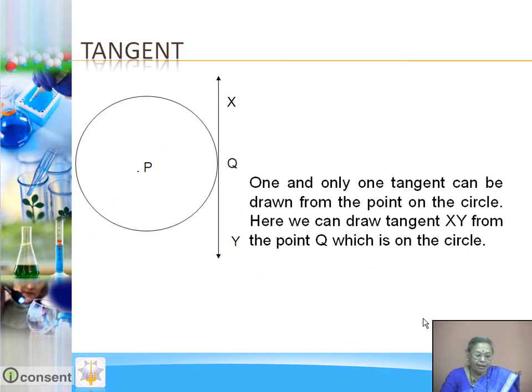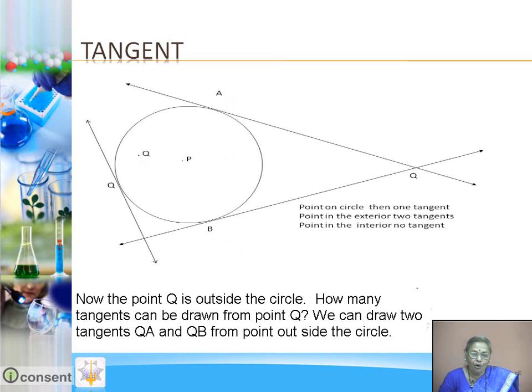Now, if point Q is outside the circle, how many tangents can you draw to the given circle? Look at the diagram. This diagram will tell you that you can draw two tangents to the circle from the point outside the circle.